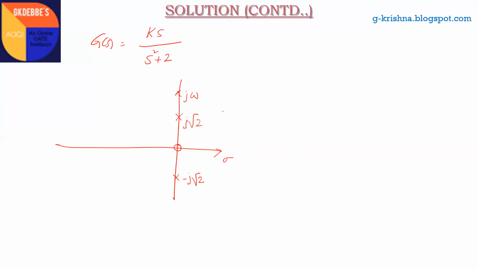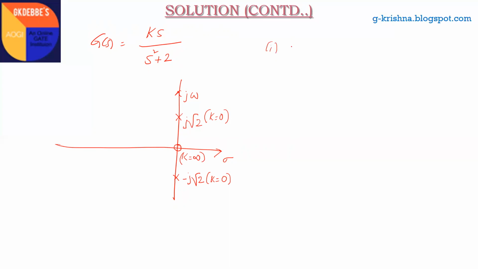So at k equal to 0, the closed loop poles are nothing but the open loop poles, that is plus or minus j root 2. At infinite gain, they are the open loop zeros, of which one is lying at origin and one more will be at infinity at an angle of 180 degrees. That is our asymptotic angle. How many asymptotes do we have?